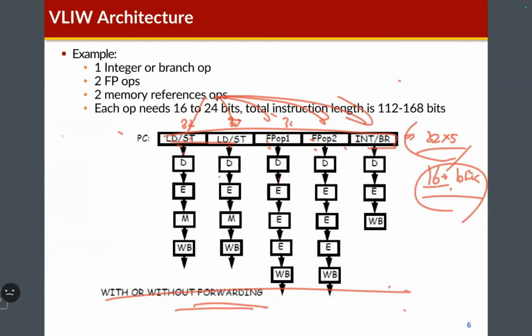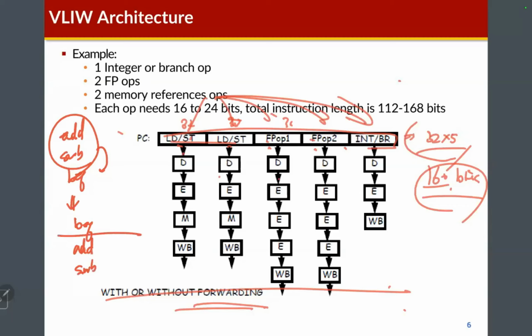So add, sub, and BQ. If these instructions are independent of the branch instruction, then we can move the add instruction and sub instruction down to the branch instruction. If the delayed branch flag is supported, then the two instructions after this branch instruction are always executed.